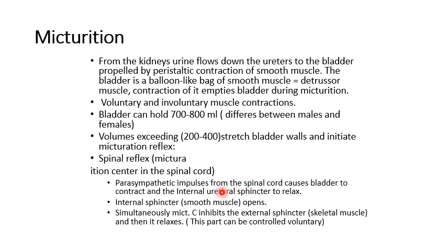But when micturition is activated or stimulated, there will be a tonic contraction to the urinary bladder, but inhibitory tone to the internal sphincter, to relax. And the internal sphincter is composed of smooth muscle. It opens.